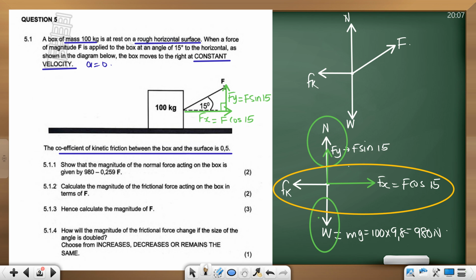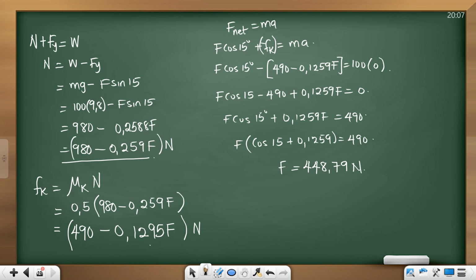If you are not sure here, all you need to do is a simple calculation, because it would definitely change if the angle is doubled. Yeah, it will definitely change, because if the angle is doubled, the normal force will also change, right?